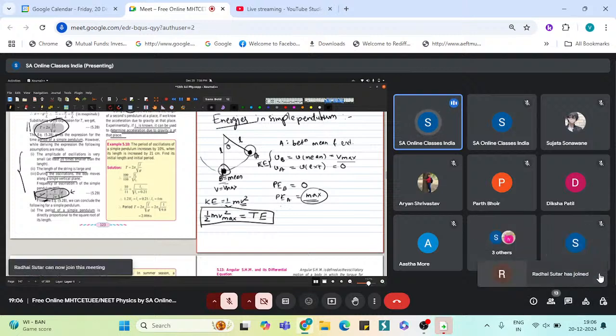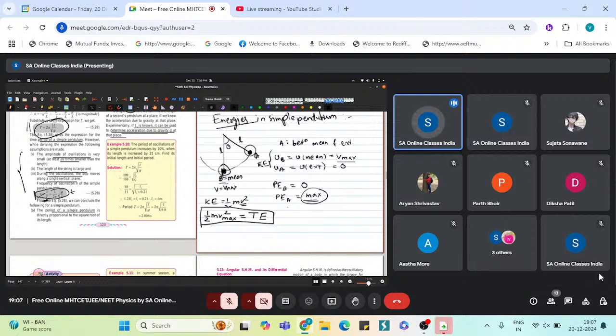Okay, so let's see how this helps. We will apply the conservation of energy. In a simple pendulum system as well, the energy is always conserved. Energy stays the same. So this is now your total energy, half mv max square, and that energy will stay conserved regardless of what point your particle is at.